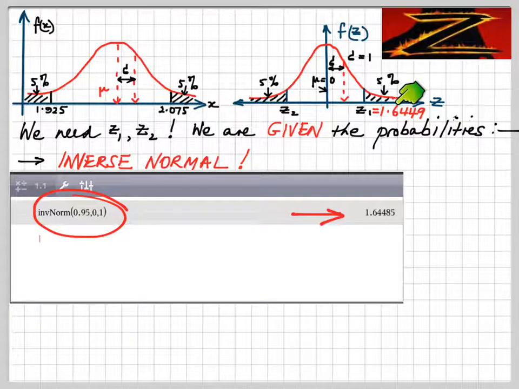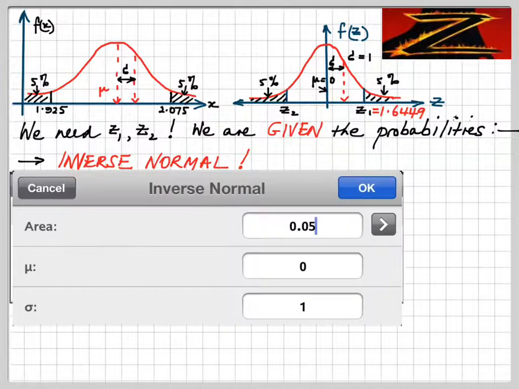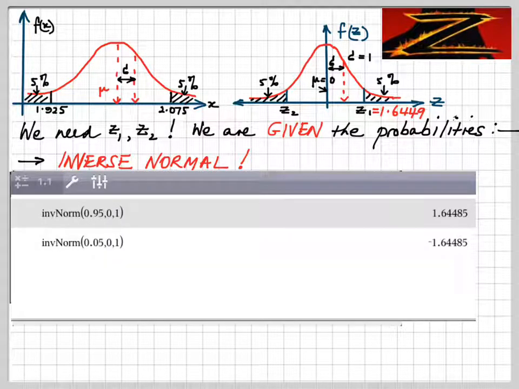Now we're going to do the same thing for the lower level, and that's 0.05. Okay, that's the lower tail, the left-hand tail of that distribution. So we're putting in 0.05 and the same mu and the same sigma, and what do we get? We get minus 1.64485. Well, of course we do, okay?